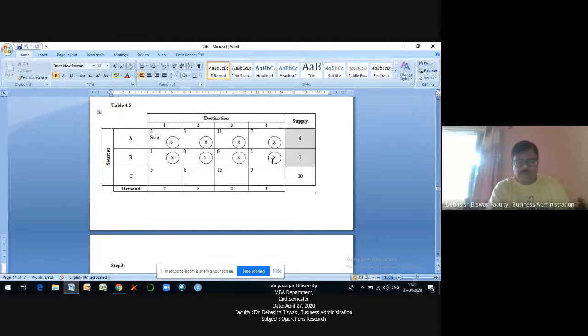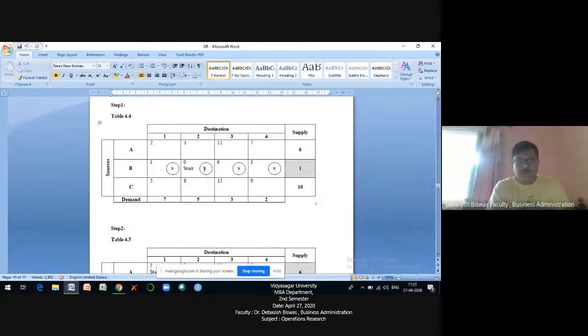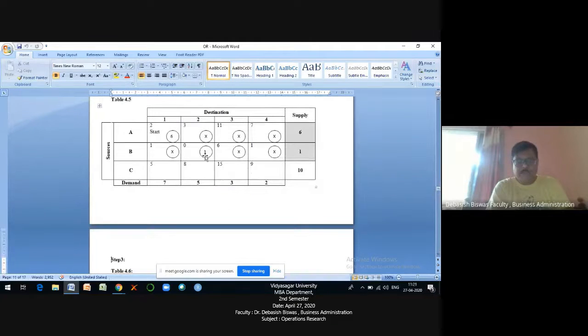So in the first table, just you note down, in the first table we have allotted 1. You have to remember this. We have allotted 1, and in the second table we have allotted 6.